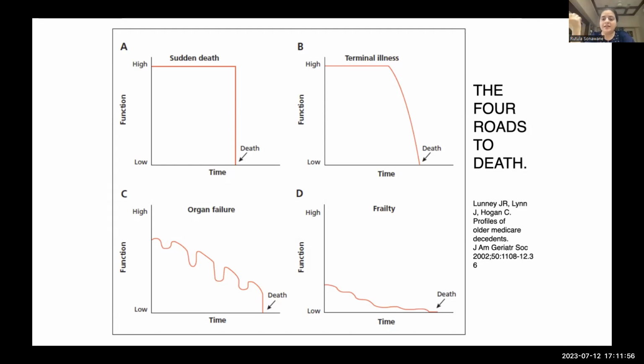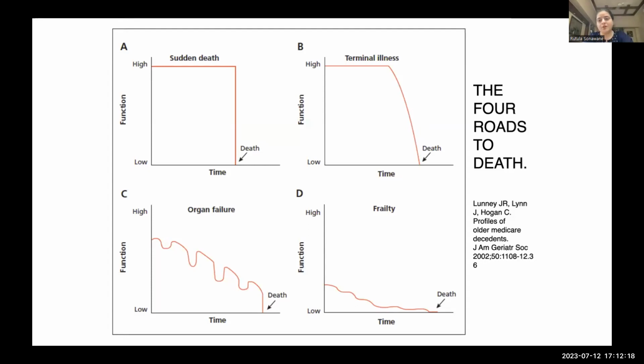Graph D is old age or frailty or natural aging process, where the functionality has decreased over time because of the aging process. So as you can see from these graphs, graphs B, C, and D would require some sort of palliative care and supportive care during the course of their trajectory.